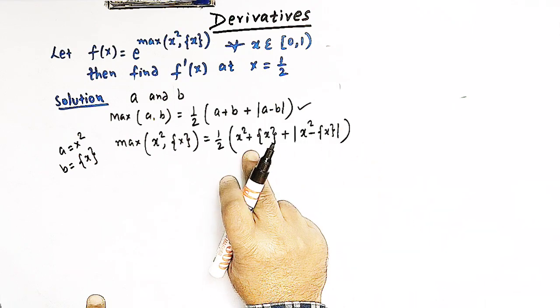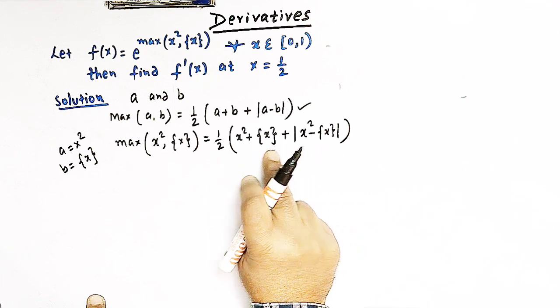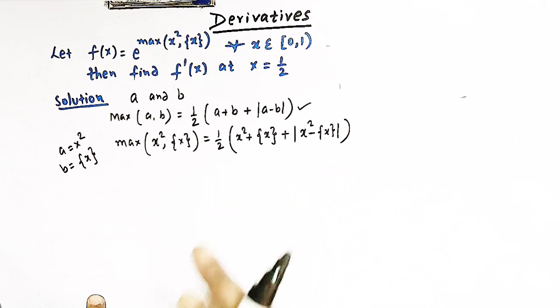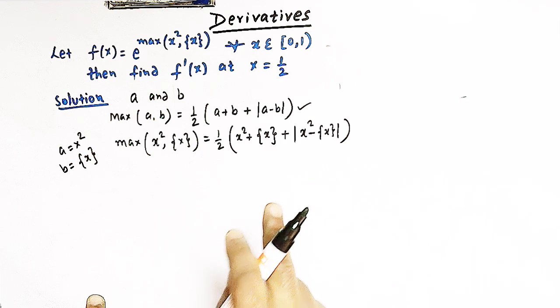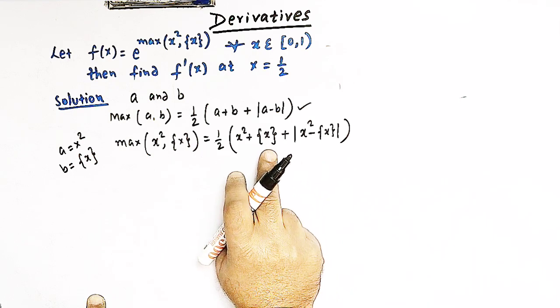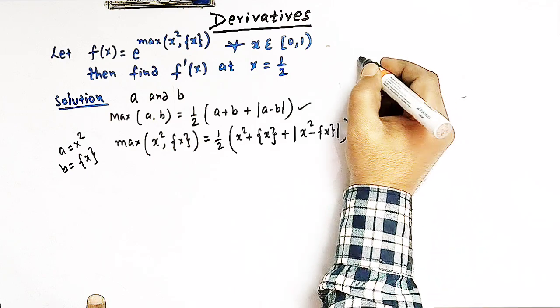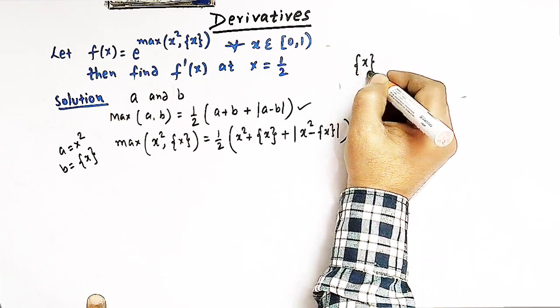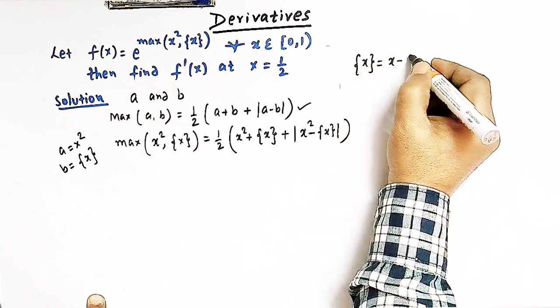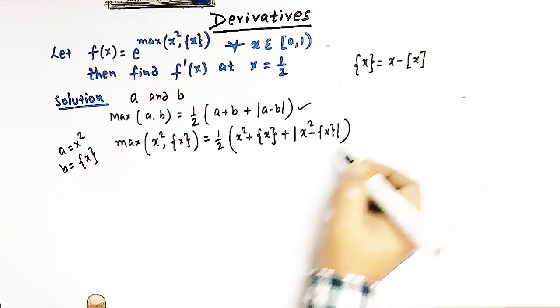Now we have to simplify this expression, and here we'll make use of the definition of the fractional part of x in terms of the greatest integer function. So the fractional part of x is defined as x minus the greatest integer of x.